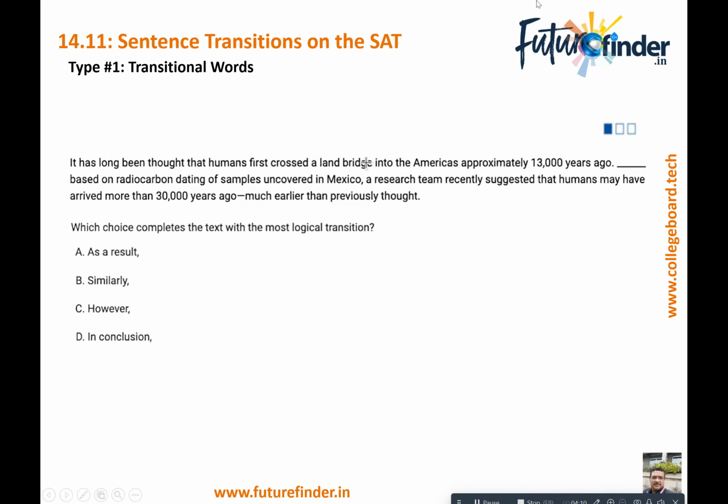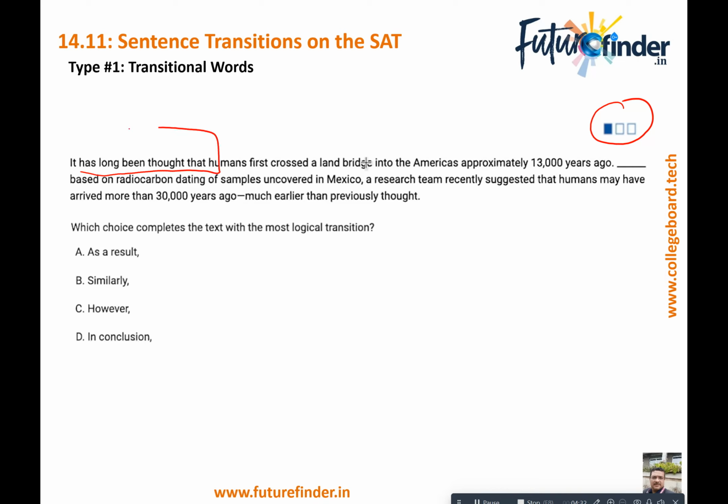The first one that we are taking is an easy example set out by the College Board. Let's read it. It has long been thought that humans first crossed a land bridge into the Americas approximately 13,000 years ago. Okay, fine. So, it has long been thought.